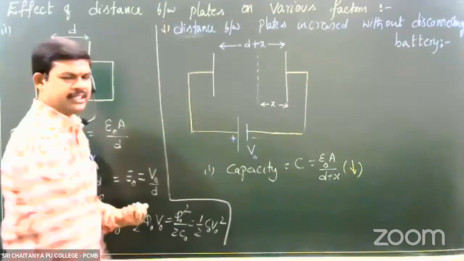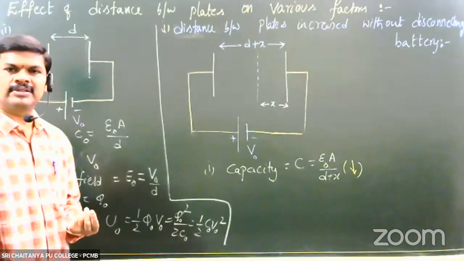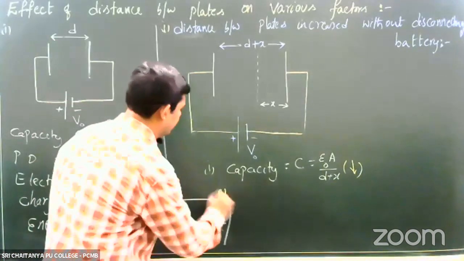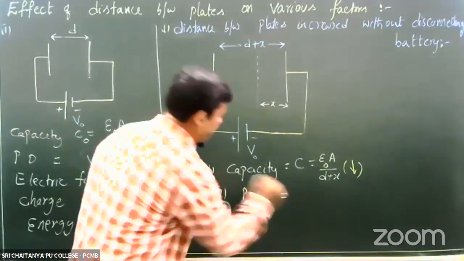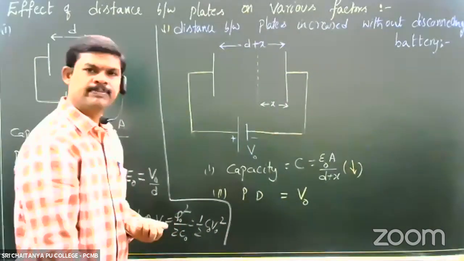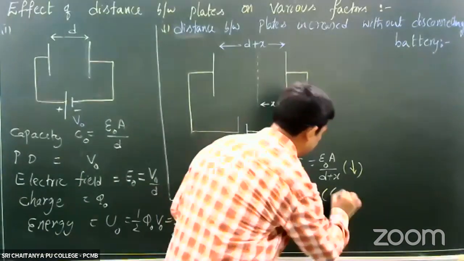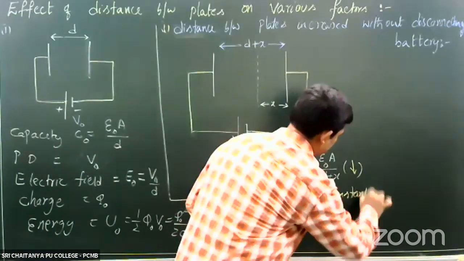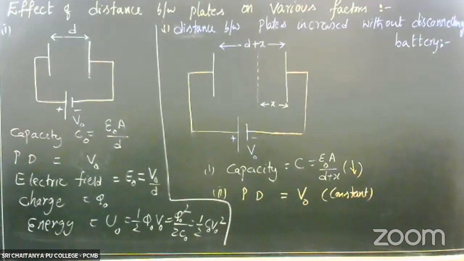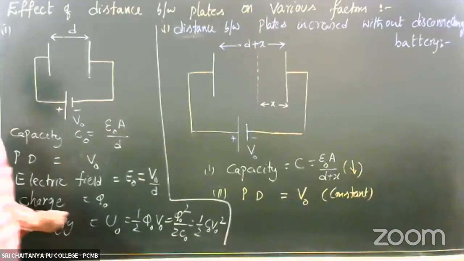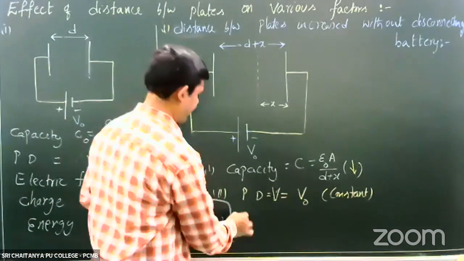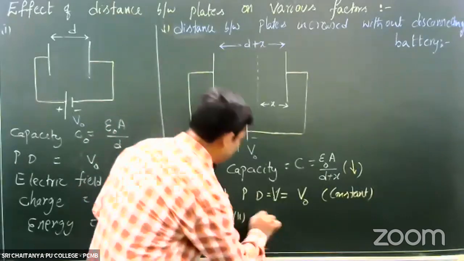Battery is still in connection, means potential difference is the same, V naught, constant. Why? Battery is still in connection. Clear? No change of potential difference. What about charge?